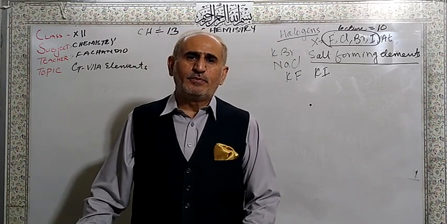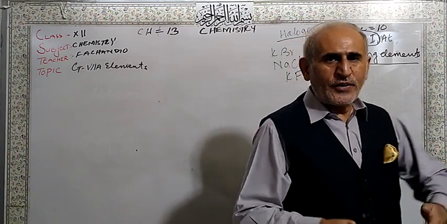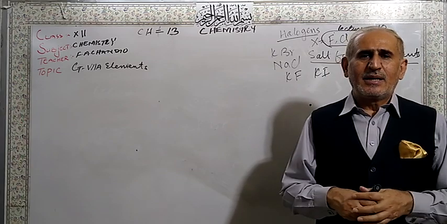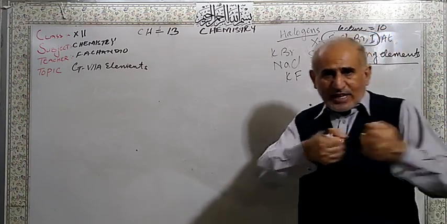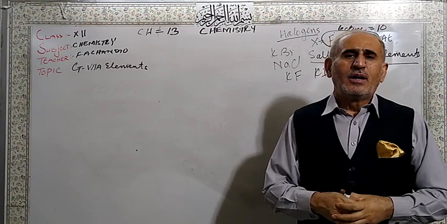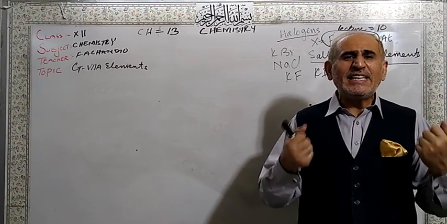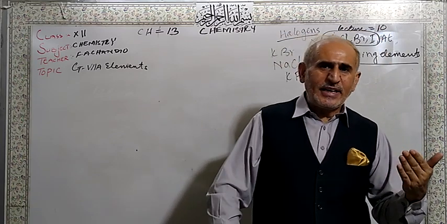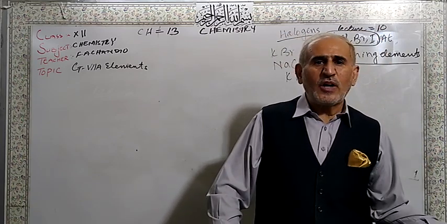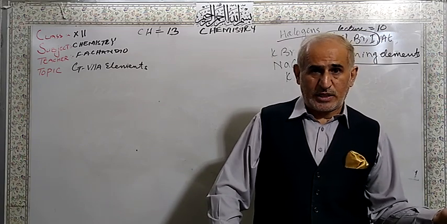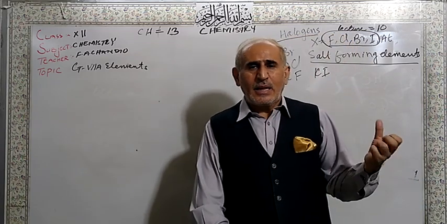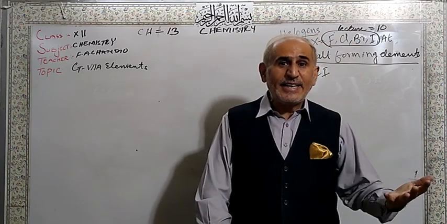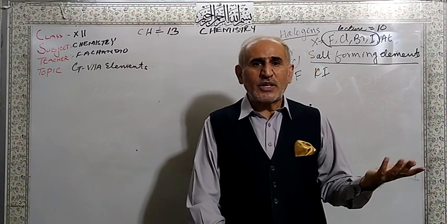Electron affinity. Electron affinity means an element has the ability to attract an electron and form a uni-negative charge. Electron affinity is the inverse of ionization energy. In ionization energy, the electron is removed from the outermost shell and we need energy to form a unipositive charge.